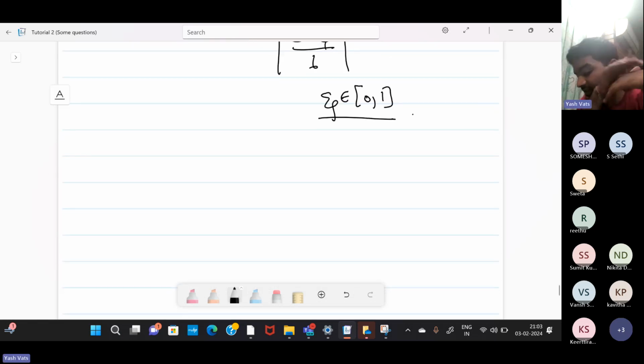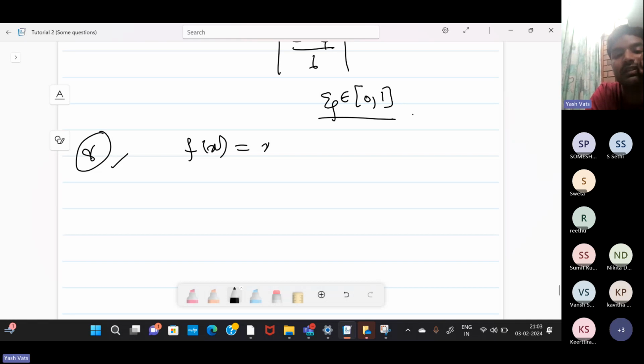The next question is again the same type of question. You are given a function f of x, which is x sine x plus 2x, and you have to find the approximate value. Like the way I've calculated, they have asked you to find the value at x equals 0.2.